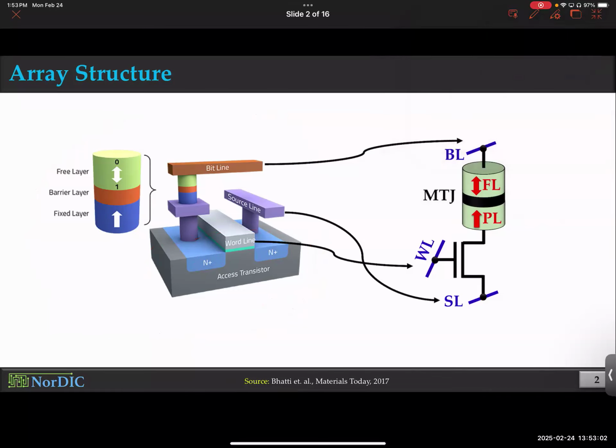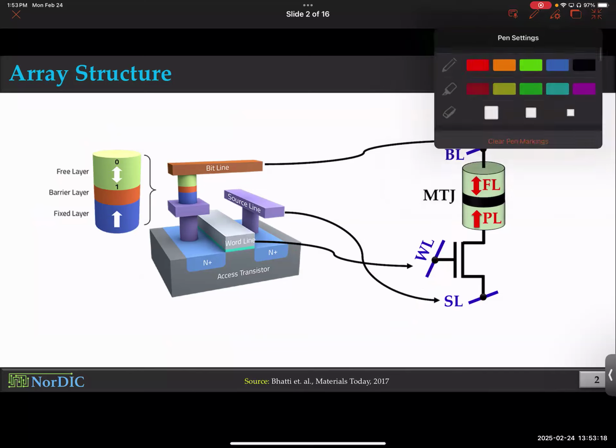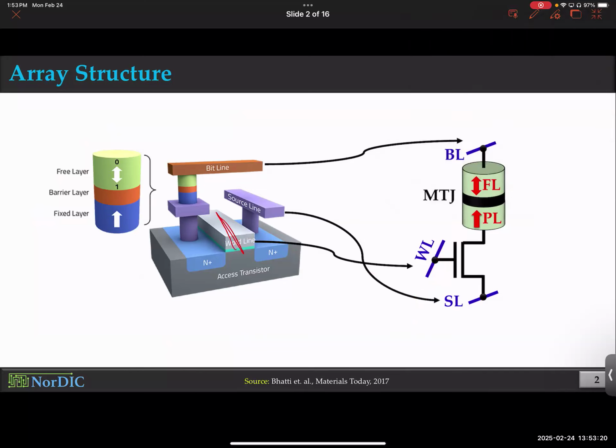And you have the gate right here. Word line, as you see, WL, is always connected to the gate of the transistor. Word lines are used to activate the access transistor, so they're always connected to the gate of the access transistor. So there you go. This is the word line, practically connected to the gate of the transistor.